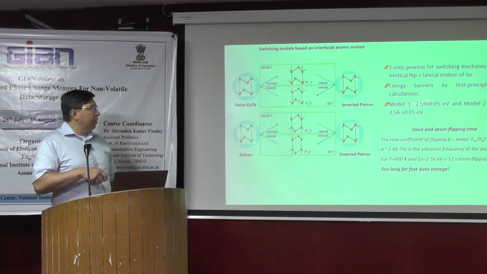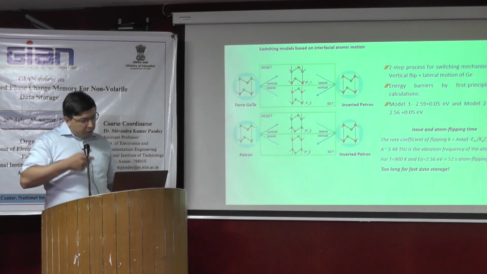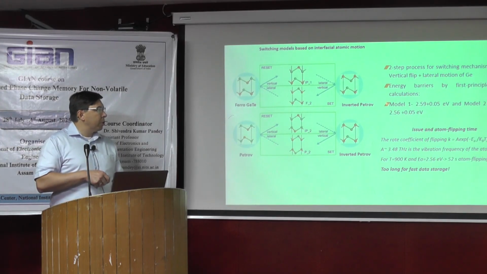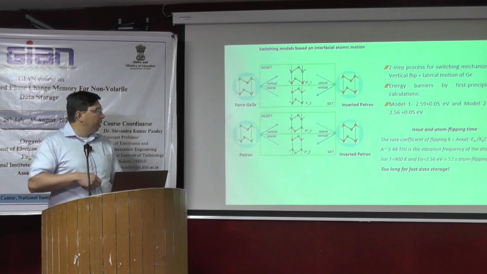So you need to calculate the so-called energy barriers by first principles. Here there are estimations for model 1 and model 2. It seems that model 2 is more energetically favorable compared to model 1.